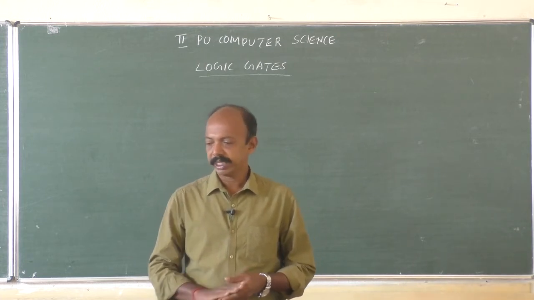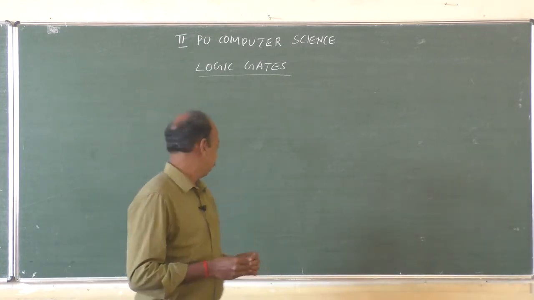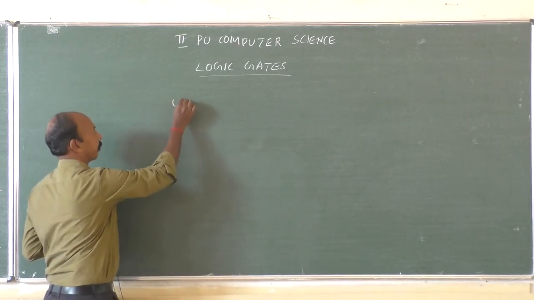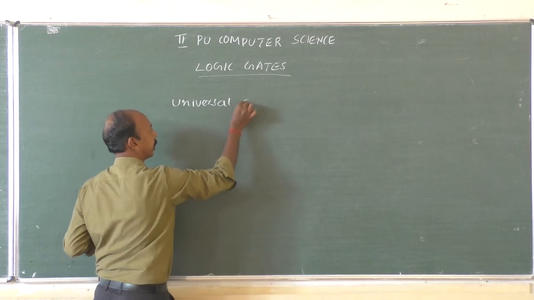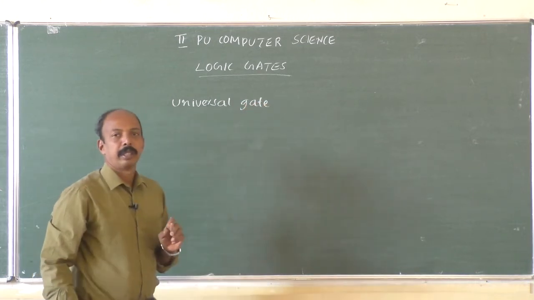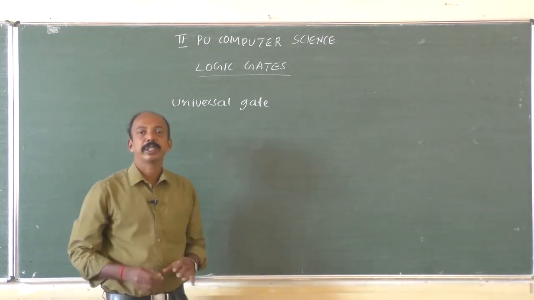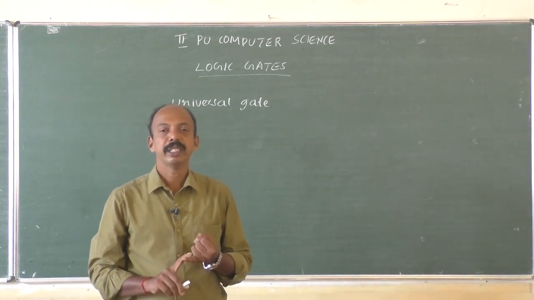Today we shall see one more topic, that is universal gate. Coming to the universal gates, last topic, universal gate. So what is a universal gate? Usually a question will be asked, what's a universal gate or which are the universal gates?